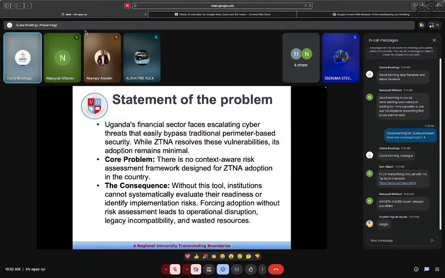Blind adoption can lead to operational disruptions. It can lead to financial loss, and improperly used solutions, or even create more loopholes for the attacker because of poor adoption.